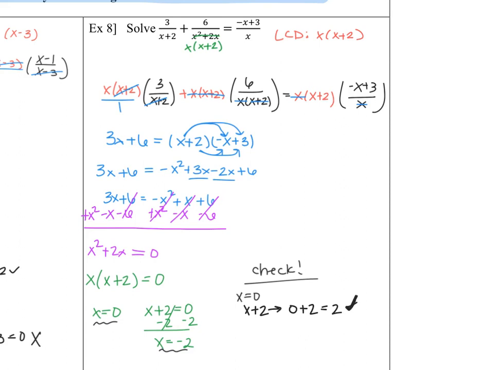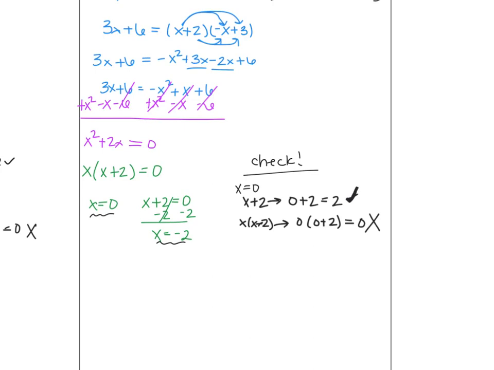Let's try the second denominator, x times x plus 2. Now I'm going to have 0 times 0 plus 2. Well, what is 0 times anything? That's going to make a 0, no matter what. And because I made a 0, that ruins x equals 0 as a solution. So right now x equals 0 is not a correct solution.